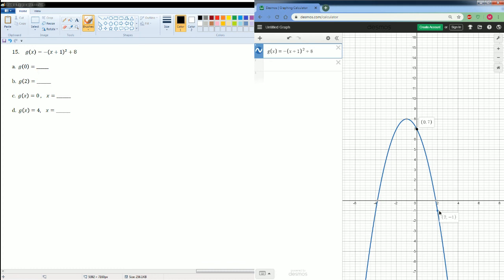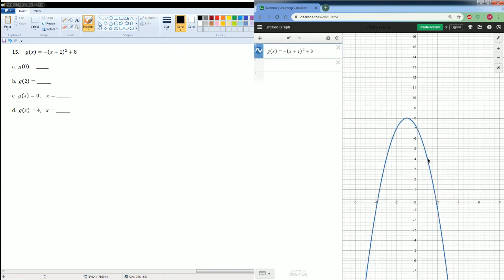The output is -1. G of x, you're looking for the output is 0. So this is when output is 0. And this is also when the output is 0. So there are two of them, the positive and negative. That makes sense because when you do the root, there are two answers. And here you're looking for 4. When it equals 4, there are two of them.